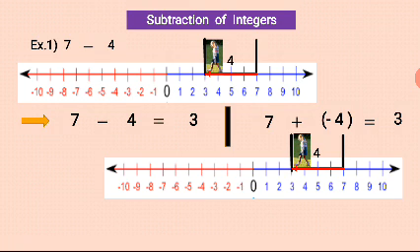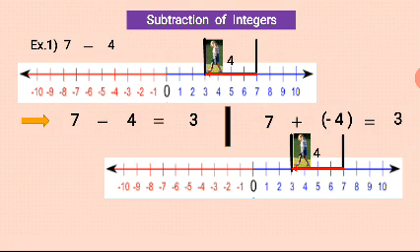Observe the first example and the second example. First example, 7 minus 4 is equal to 3, and second example, 7 plus negative 4 is equal to 3.